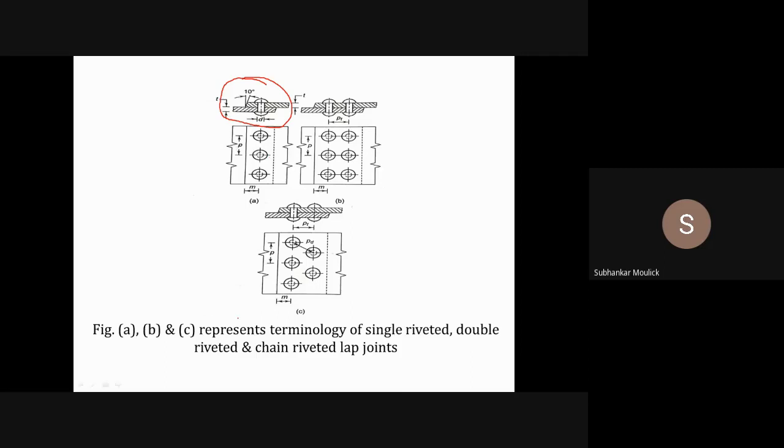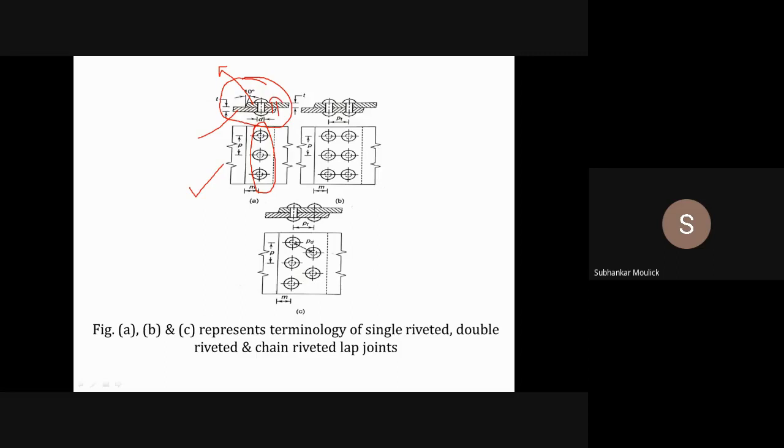Why? Because in this particular figure, there is one rivet which you have used to join plate A and plate B. There is no other rivet. This is nothing but the top view of the schematic figure. In this top view, this is one row of rivet. If I want to define back pitch or transverse pitch, I need one more rivet.